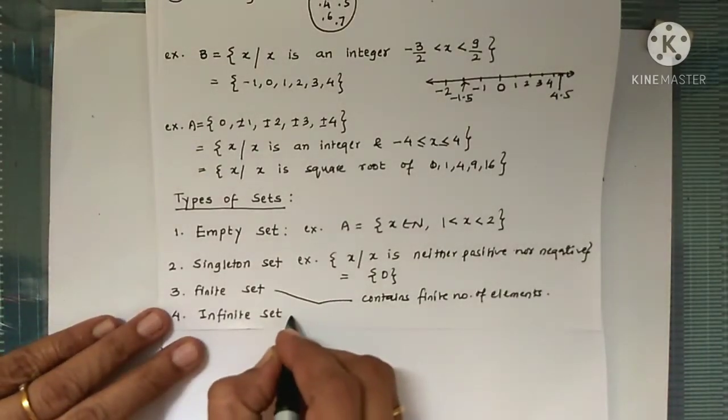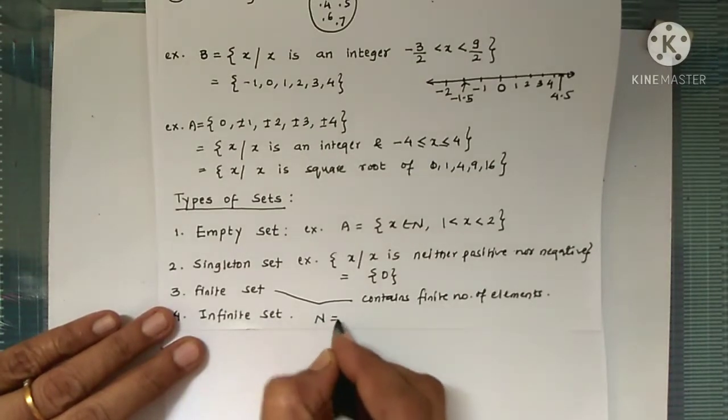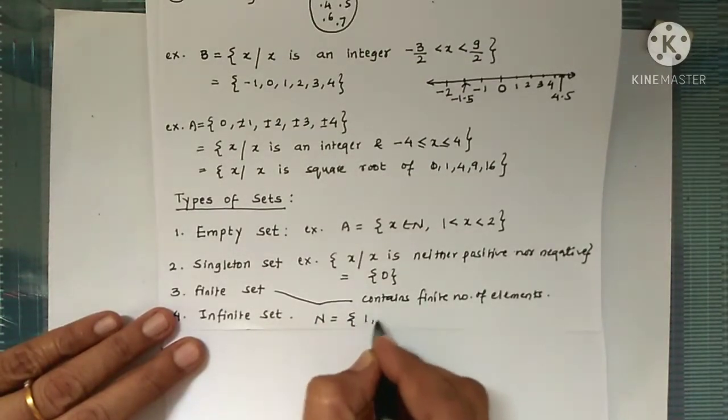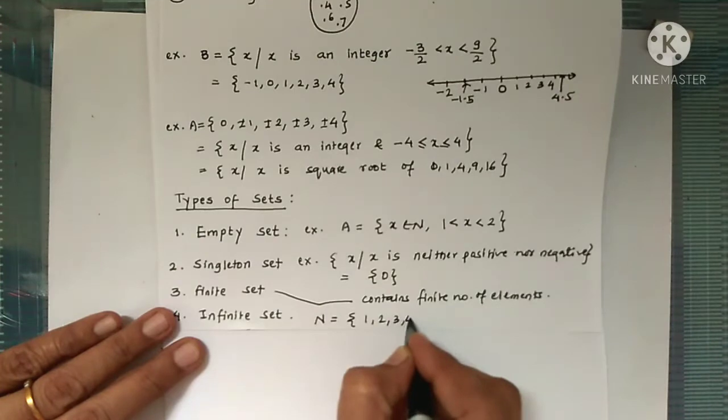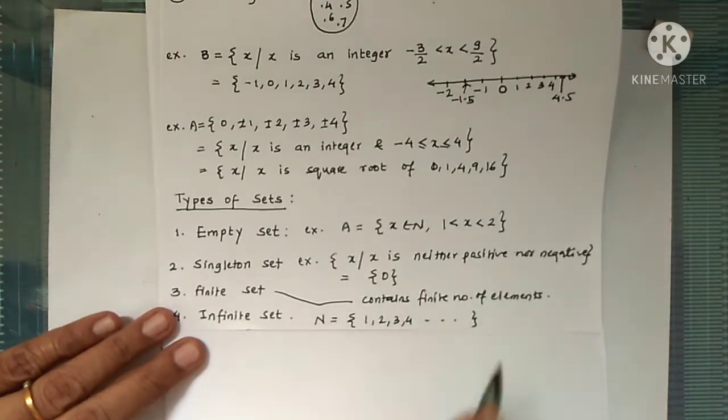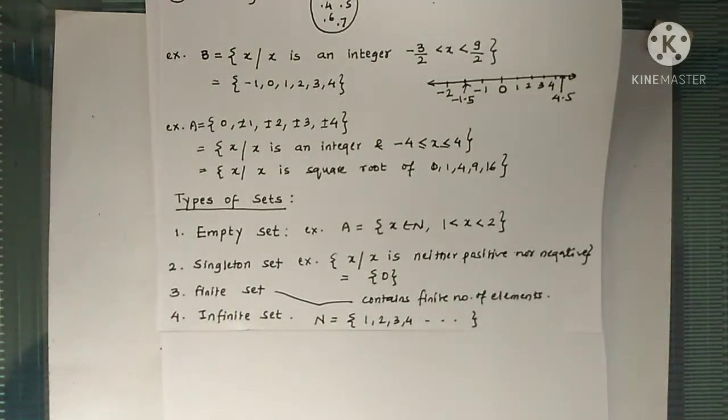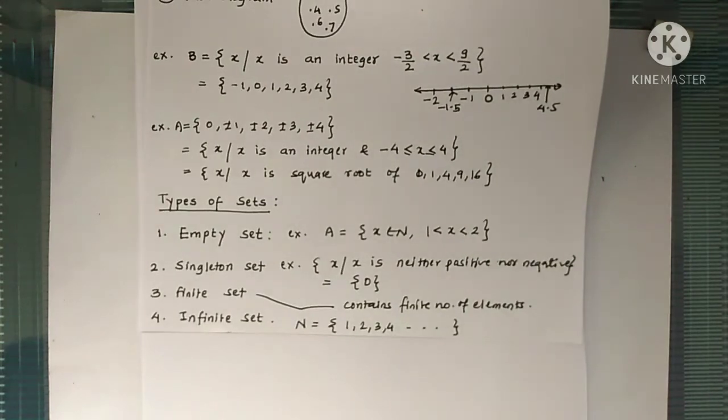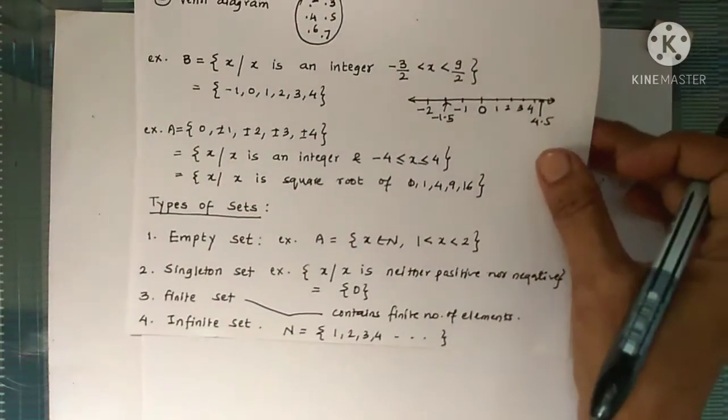An infinite set is a set which contains an infinite number of elements. For example, the set of natural numbers 1, 2, 3, 4, and so on. So this is an infinite set. The set of integers is an infinite set, like that. So a set which contains a finite number of elements is finite, and which is not finite is known as an infinite set.